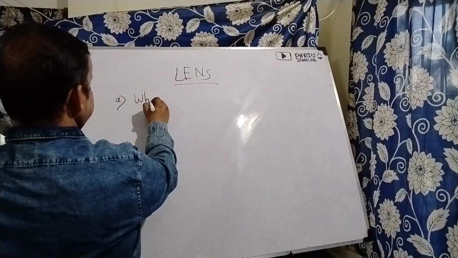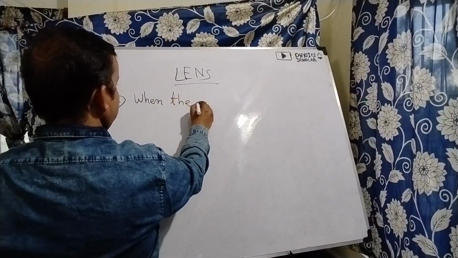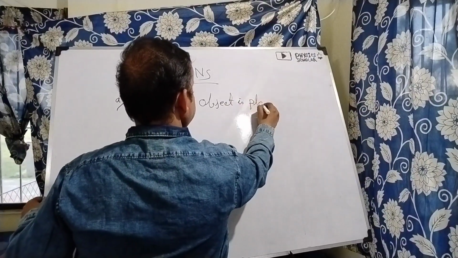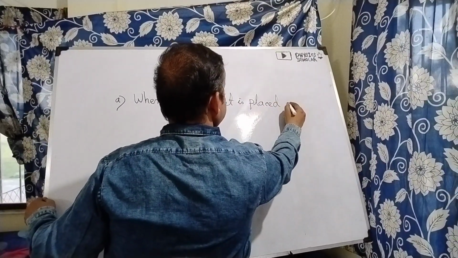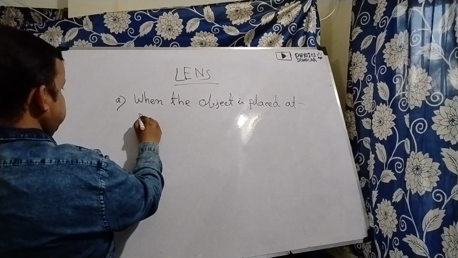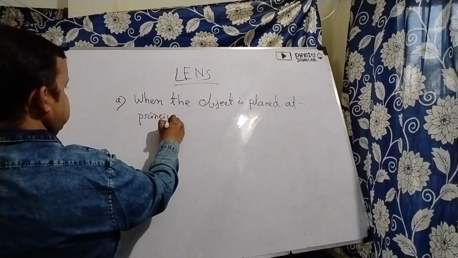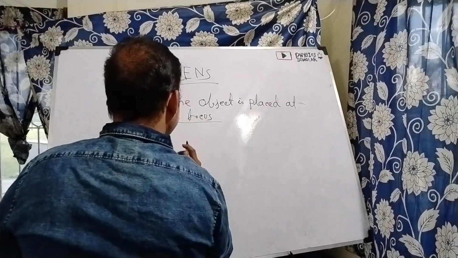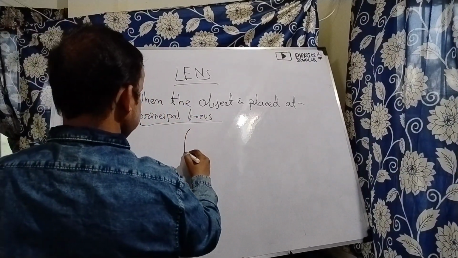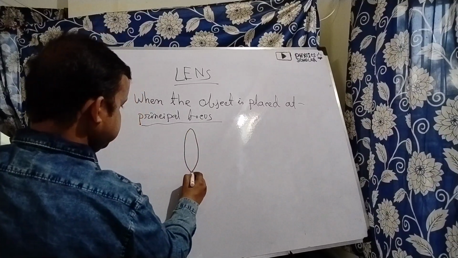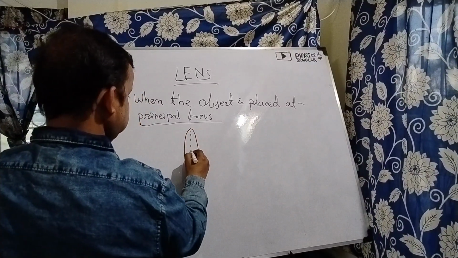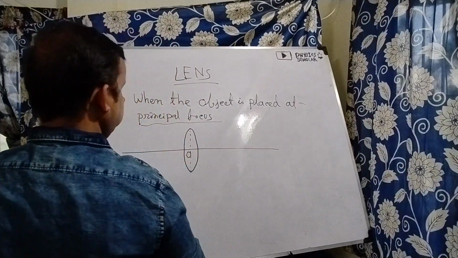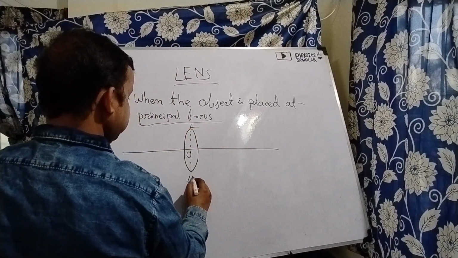When the object is placed at the principal focus on one side of the lens. This is the convex lens, and this is the optical center, suppose L dash.